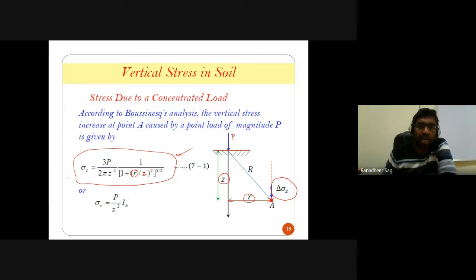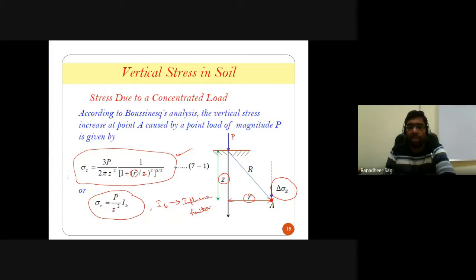Okay, or in simple terms, this expression can also be represented as sigma z is equal to P by z square into IB. What is this IB referring to? IB here refers to what is called the influence factor. So in simple terms, what does this influence factor mean? Load is applied somewhere, but stress is developed at some other point.